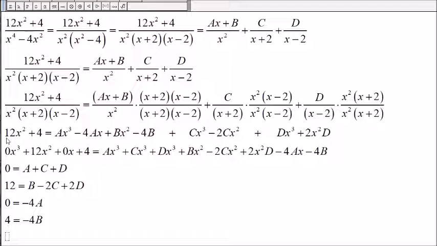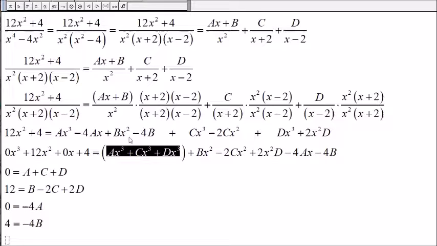The left-hand side, we can rewrite it as 0x to the third plus 12x squared plus 0x plus 4. The right-hand side, let's rearrange the terms in order of the exponents. So this would be Ax to the third, Cx to the third, and Dx to the third. And then Bx squared minus 2Cx squared and 2Dx squared.